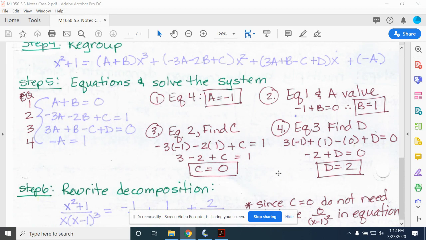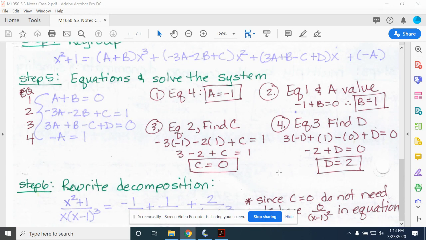Once we've had all those values, we go ahead and go back to that second step where, let me go ahead and hide this for a second, where you can then put in the values of a, b, c, and d into its factored form. Now notice I do not have the 0 over x minus 1 squared as a binomial squared.